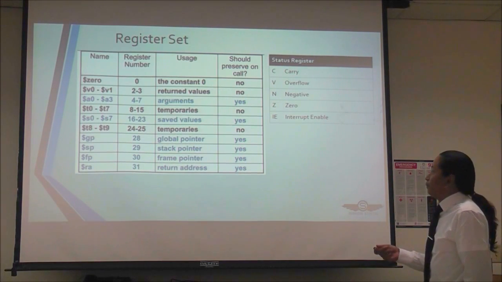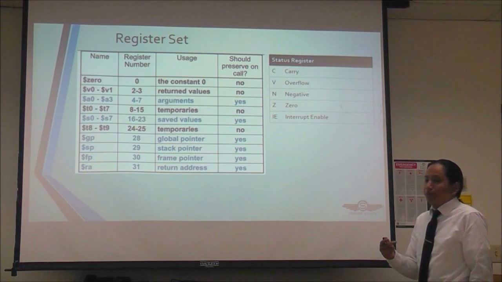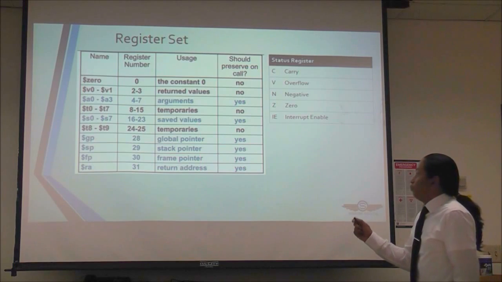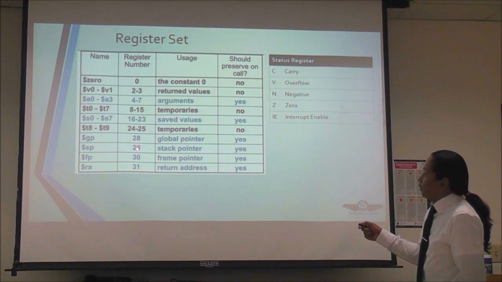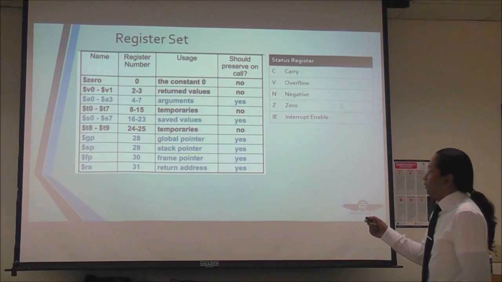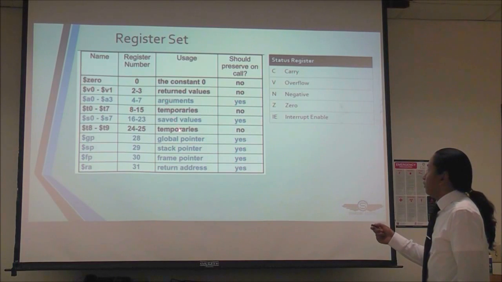Here's an example of the MIPS register set. The reg file is organized as 32 registers of 32 bits. Important ones are the 0 register, stack pointer, and return address. The rest are basically used as scratch registers, but they're commonly used for these.